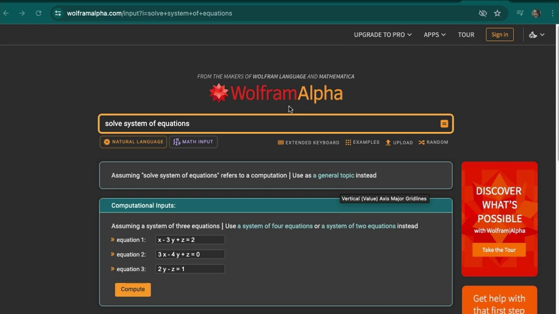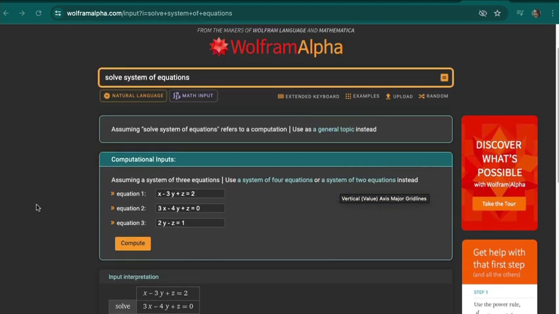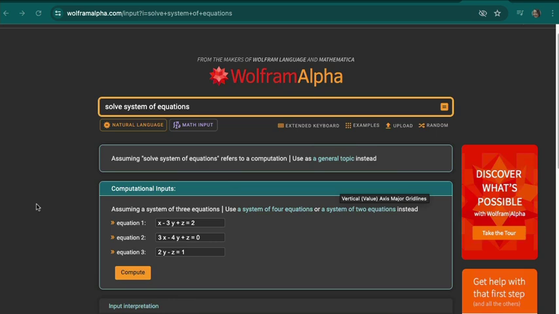The people that make the Mathematica software came up with this, and basically they just have their own search engine, but the search engine is very much geared to solving math equations and solving math problems.